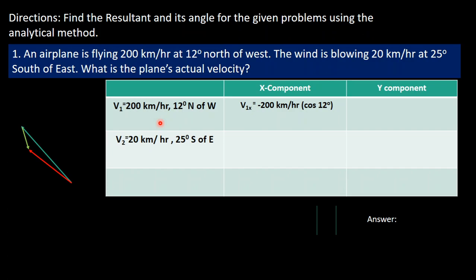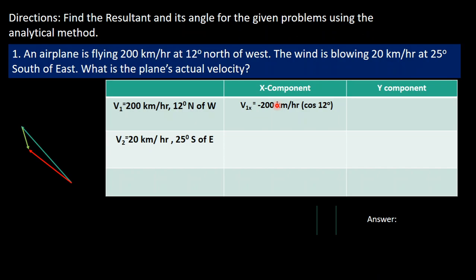Because in the direction here, north or west, which direction belongs to the x component? We have it here, the west. And we all know the west is negative because the east is positive. So it's negative. And then cosine theta, where the angle here is 12 degrees, so you simply copy the 12 degrees.